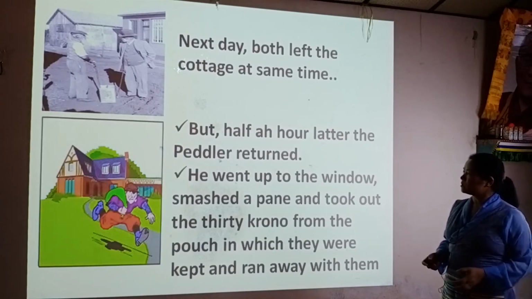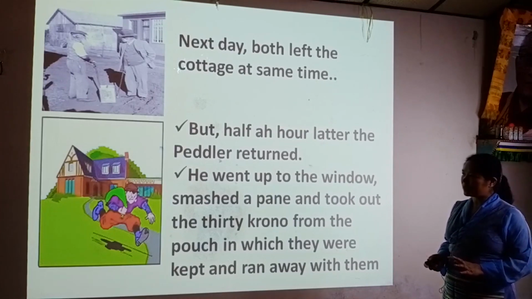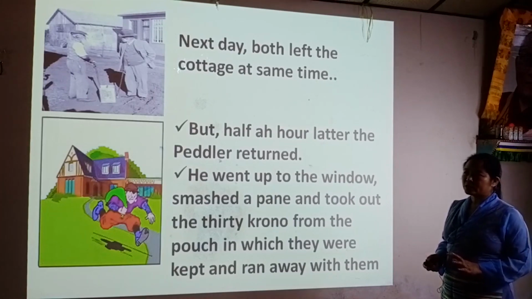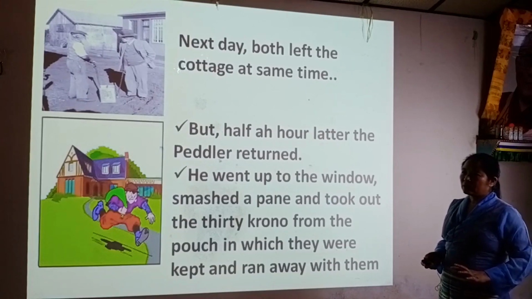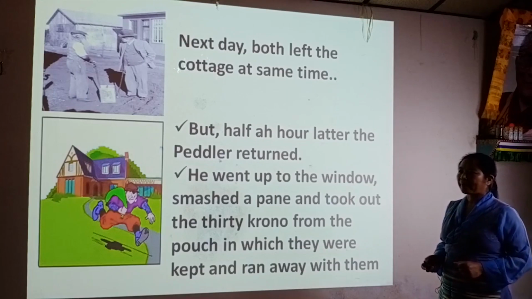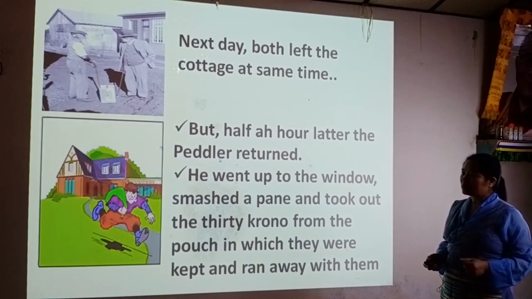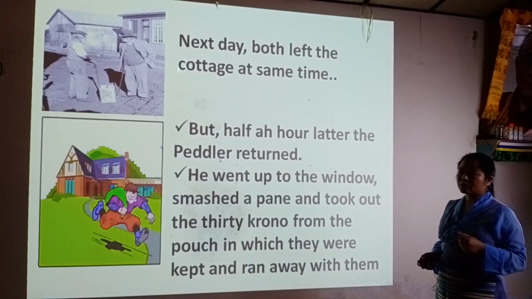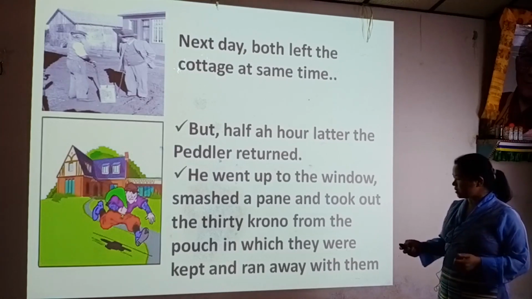Okay, so that is what he did. The crofter was very kind to him, but the peddler fell into the trap of greed and stole the money from the person who was very kind to him and ran away.